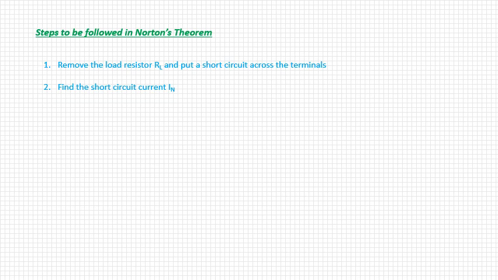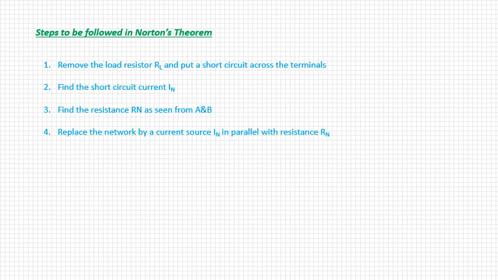Third step is to find the resistance RN as seen from terminals A and B. Then replace the network by a current source IN in parallel with resistance RN. Finally, find out the current through the load resistor using the relation IL is equal to IN times RN divided by RN plus RL.